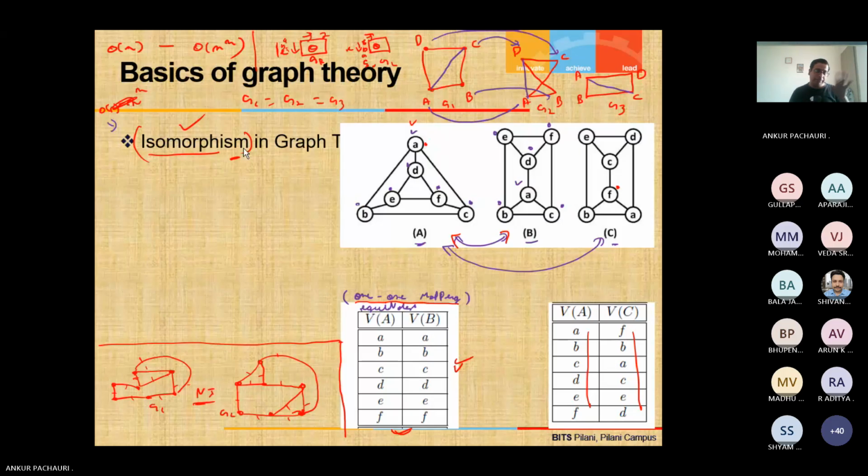Its relaxed version is similarity. Suppose 50% similar, 70% similar, and so on.